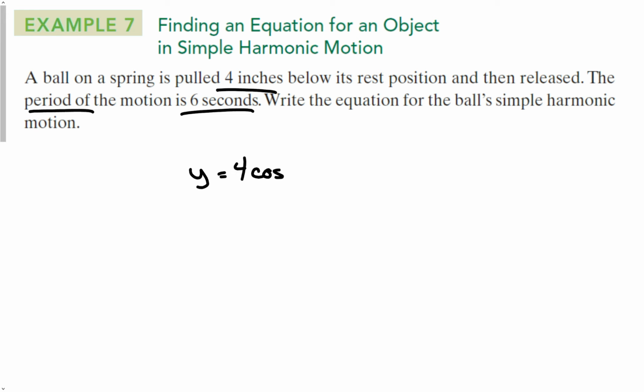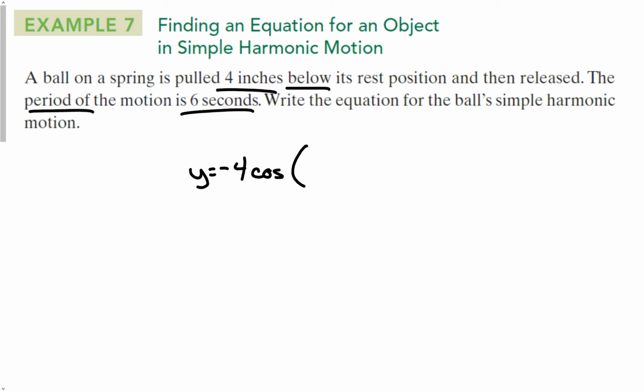Well, first, my displacement is going to be 4, but because I am moving this down, normally cosine starts at a maximum, I'm going to start it below. You can pull the ball up and let it go, but we didn't. We pulled it down, so I'm going to start at the bottom. So I'm just going to reflect the cosine function.